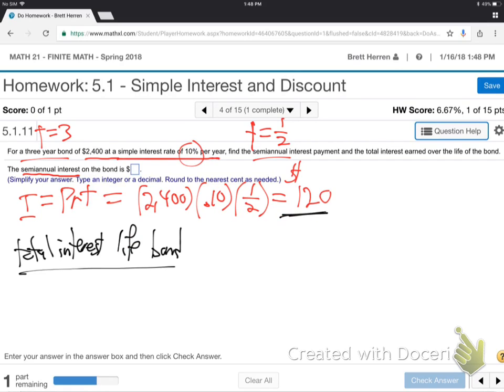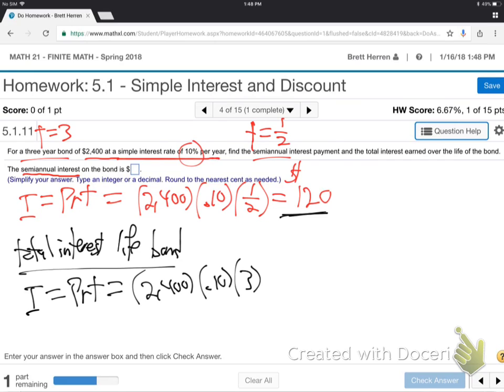So the bond will earn $120 in a half a year. Now they're asking, do it again, but this time do it for the whole life of the bond, which is 3 years. So the second time you just let T be 3. And 240 times 3 is 720, I think. $720.